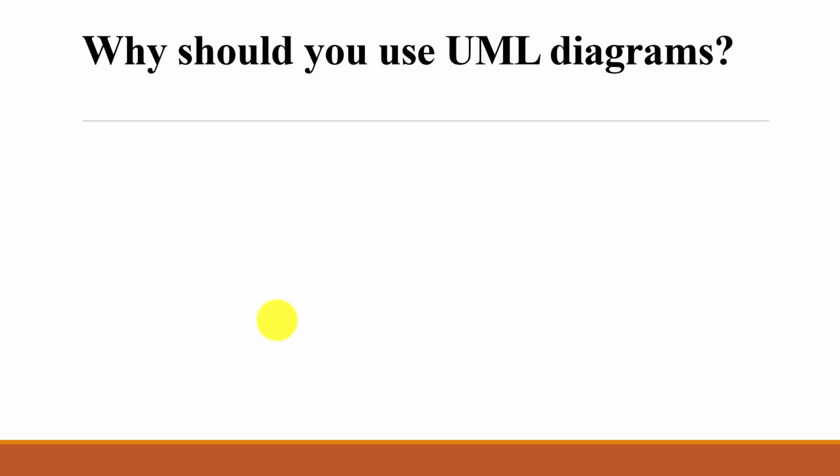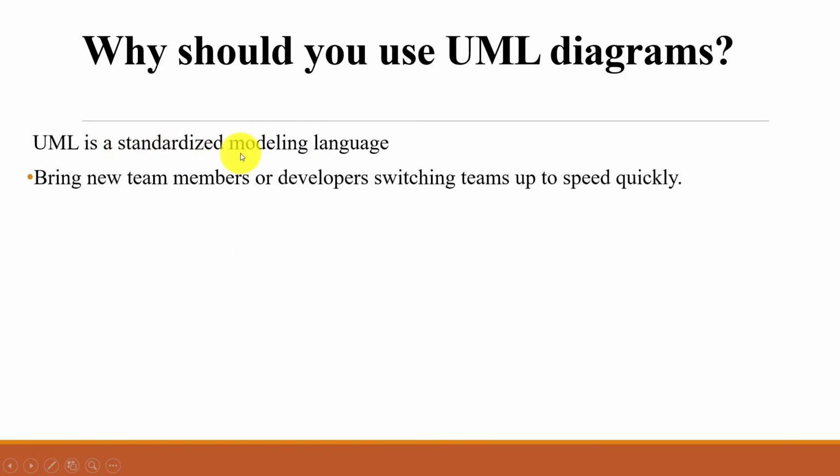Now the question arises, why should we use UML diagram, or what is its use? We know that UML is a standardized modeling language, a pictorial representation of your system. UML helps new team members or developers switching teams to speed up quickly.